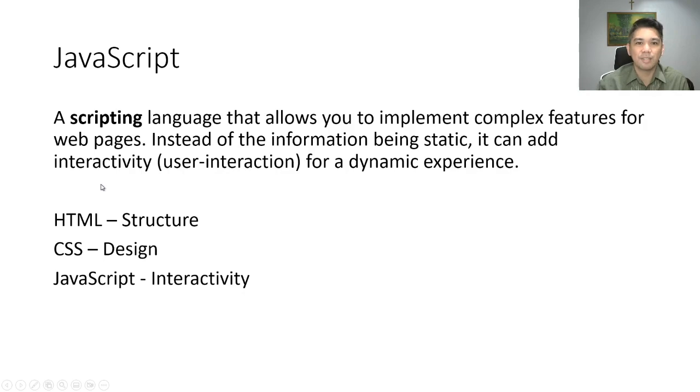So what is JavaScript? JavaScript is a scripting language, and it allows you to implement complex features for web pages. When we say a scripting language, it's also like a programming language. I don't know if you already have an idea what a programming language is, but you can think of it as something like a natural language. Filipino, English, Spanish, Brazilian.